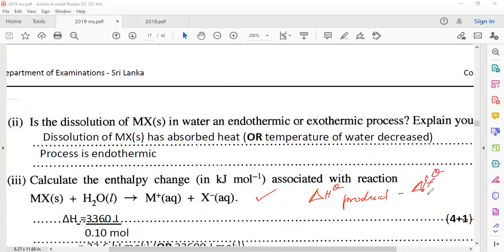So what you want to do is look at the data given. According to that, just imagine what your unit for the enthalpy change is. Yes, that is kJ mol⁻¹.